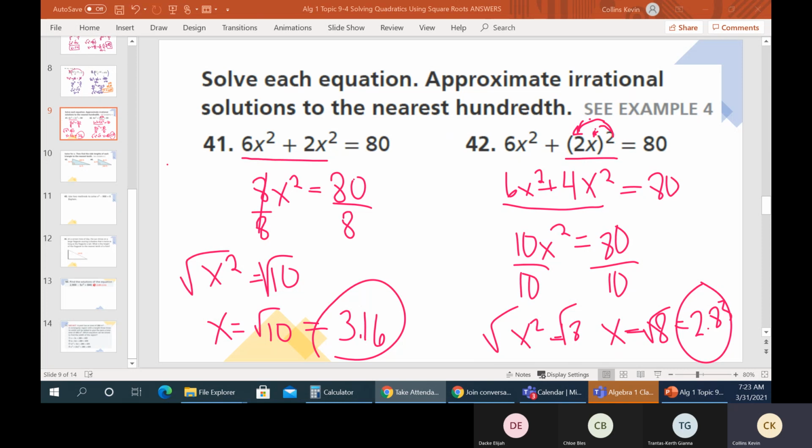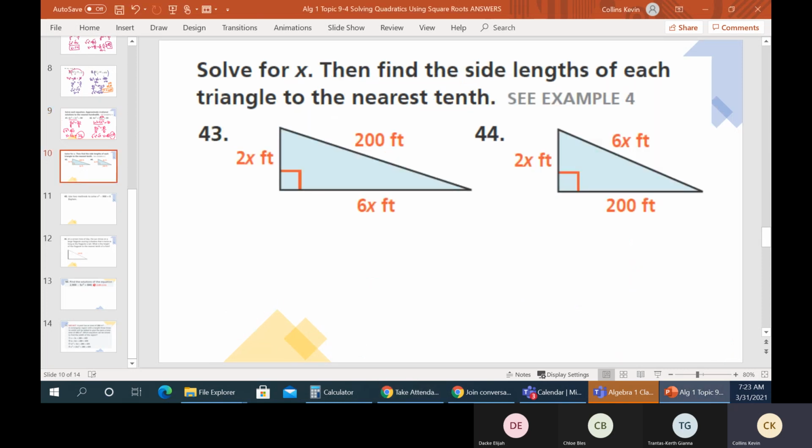All right, let's just go ahead and check out a few more. All right, so this says solve for x. It says then find the side lengths of each triangle to the nearest tenth. Okay. So this is Pythagorean theorem, isn't it?